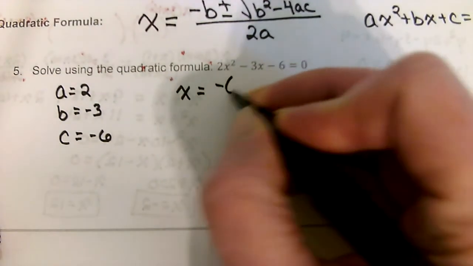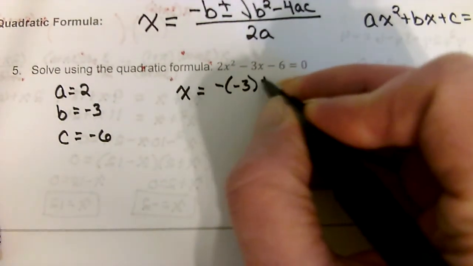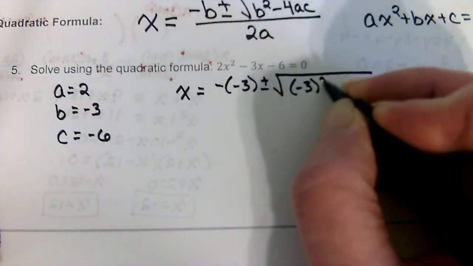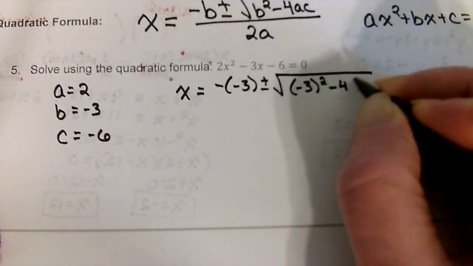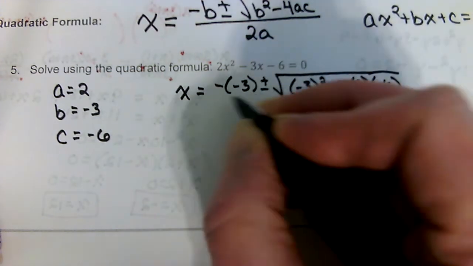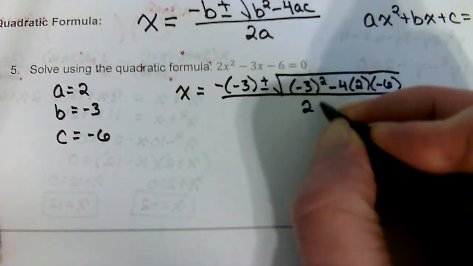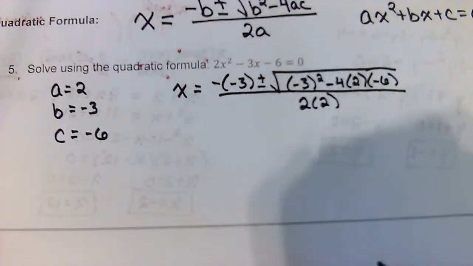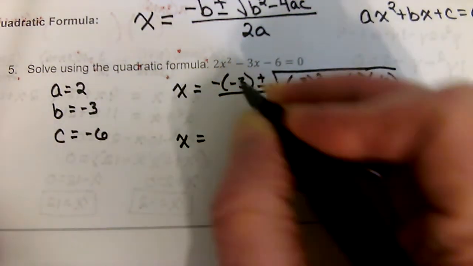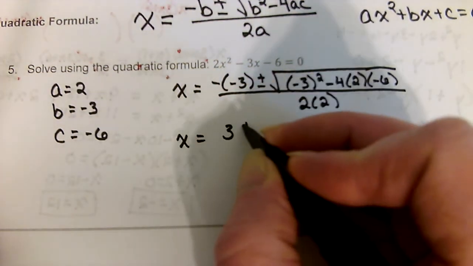So I would have x equals negative b plus or minus the square root of b squared minus 4, a is 2, c is negative 6, and 2a. So I will get negative negative makes that positive.